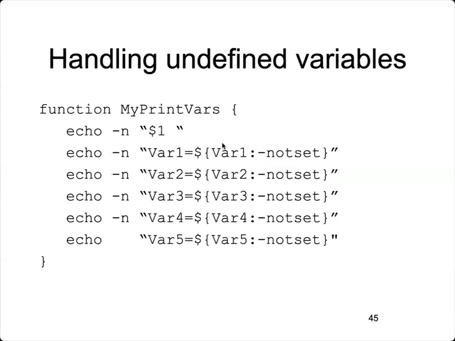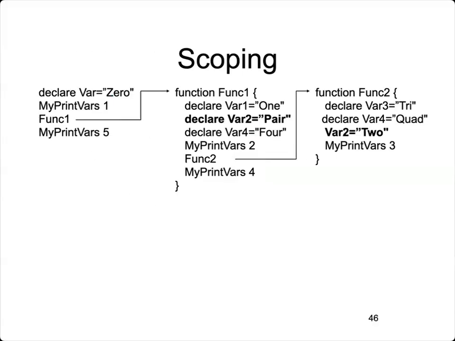When we run it, here's that function. It just prints them out. And it uses this feature that if the variable's not set, then it prints not set instead of the value. That's the colon and then dash that tells it to do that.